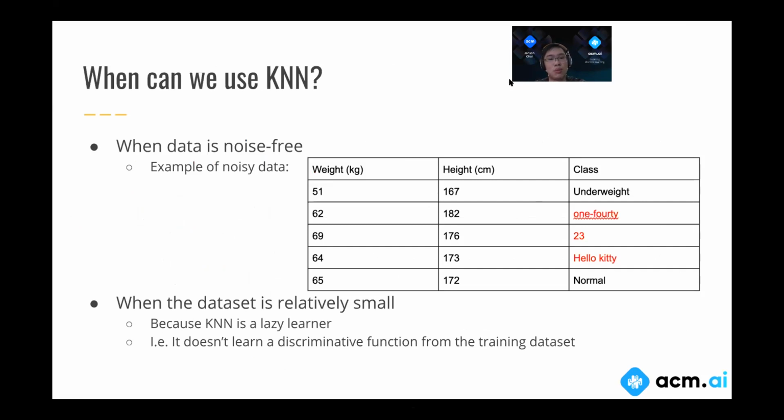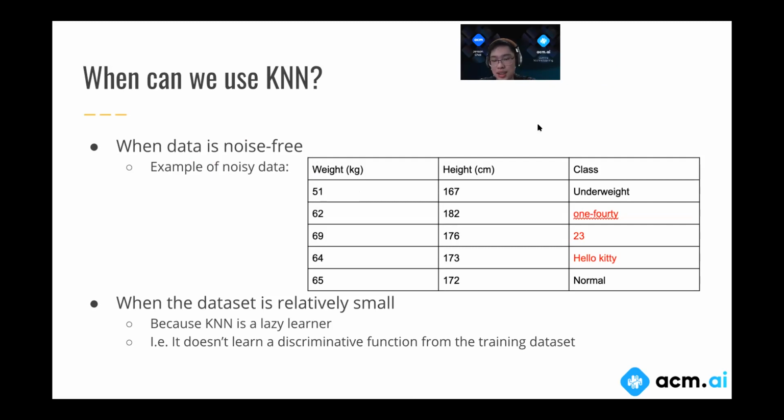All right, so when is a good time to use KNN? One of the conditions is when the data is relatively noise-free. Here's an example of a noisy data set. Here we're trying to classify whether people are underweight or normal. In this column we have their weight in kilograms, and in the second column we have their height in centimeters.